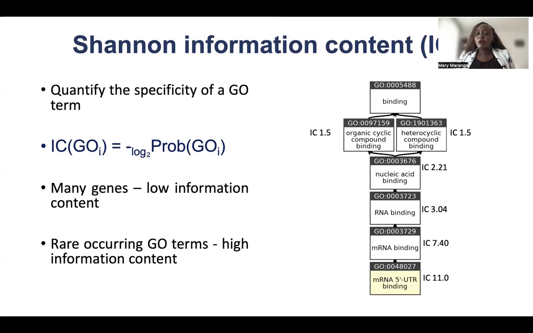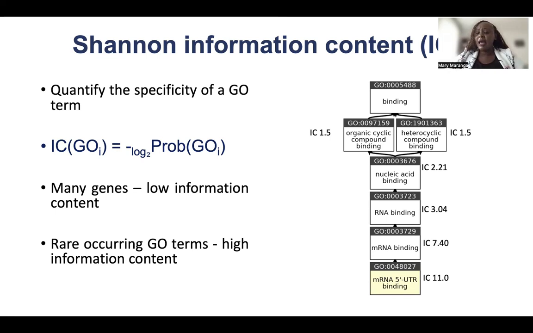Basically, Shannon information content measures the specificity of our GO terms in the context of the entire annotations. And it is expressed as a negative log probability of a GO term. So terms that are annotating many genes tend to have lower information content, while infrequently occurring terms have high information content.